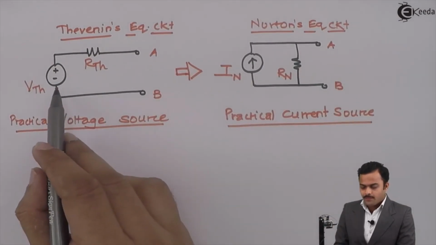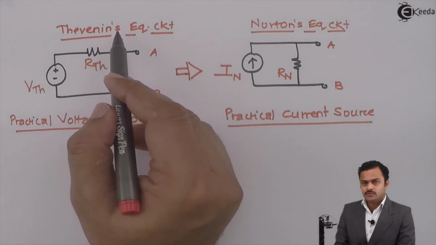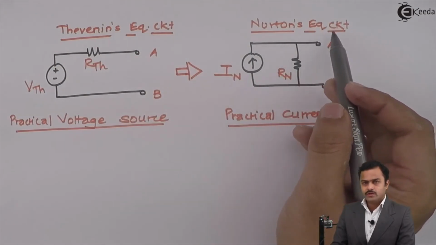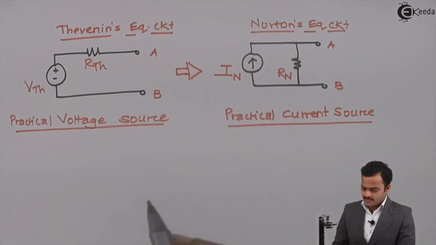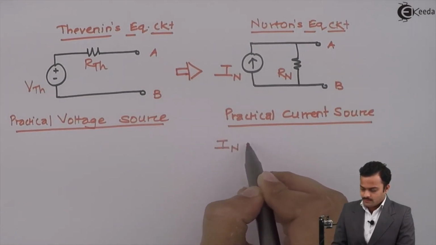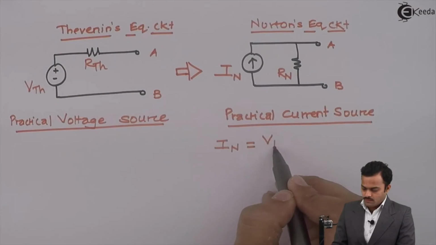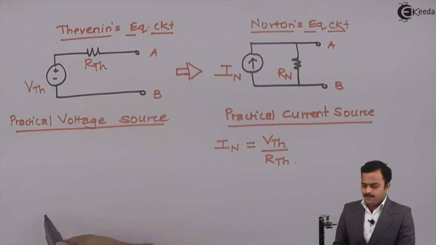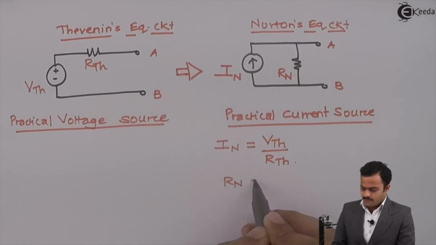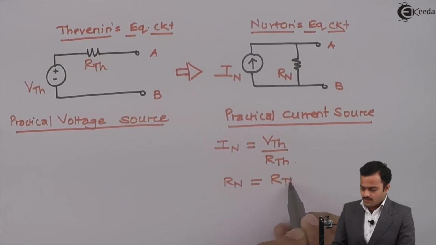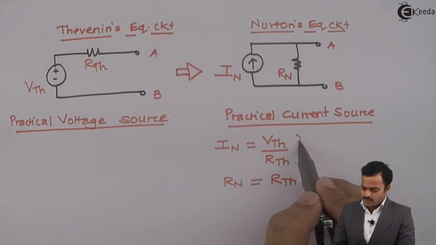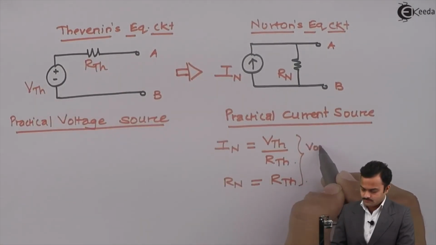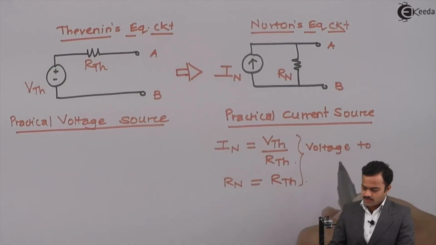So if I have a practical voltage source, which is a Thevenin's equivalent circuit, I can get its equivalent current source, which will be Norton's equivalent circuit, and the relationship is IN equal to VTH divided by RTH, and RN will be the same as RTH. So what I have done over here, I have converted voltage source to current source. Voltage to current source conversion.